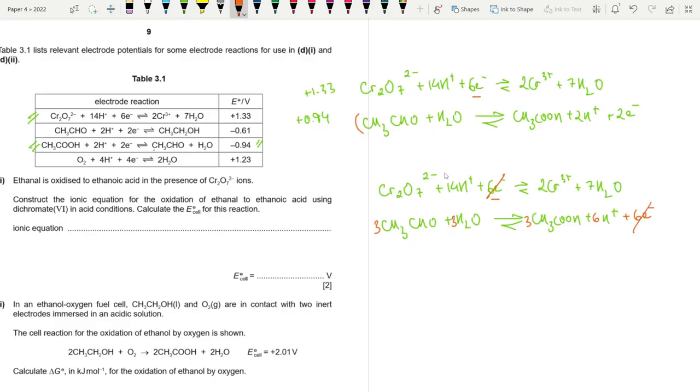Now I can get rid of these two, right? You can get rid of these 3 over here, and this actually turns into 4, 7 minus 3 is 4. I can get rid of these 6, and this turns into 14 minus 6, which is 8. And we have our final answer. So I'm just going to add them up and write them over here.